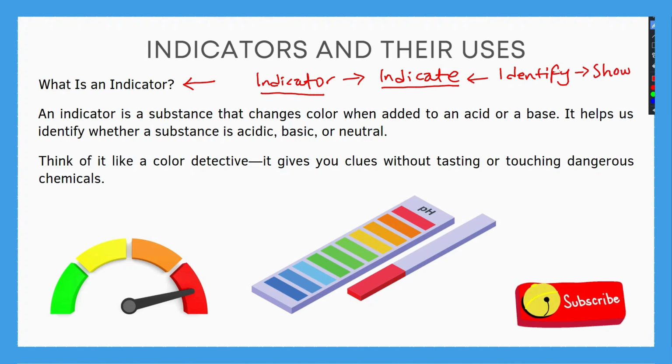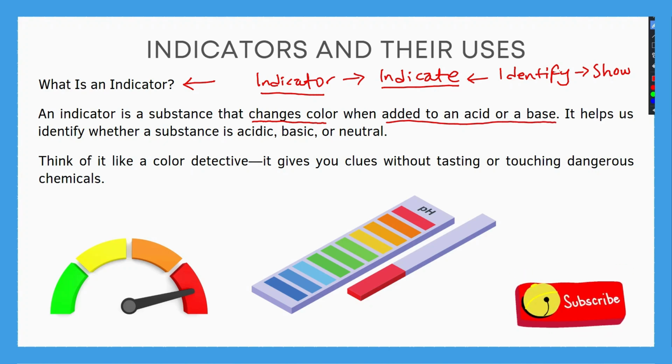So when the word indicator is mentioned in chemistry, we are talking about a substance that is used to identify another substance, which brings us to the definition. An indicator is a substance that changes color when it is added to an acid or a base.